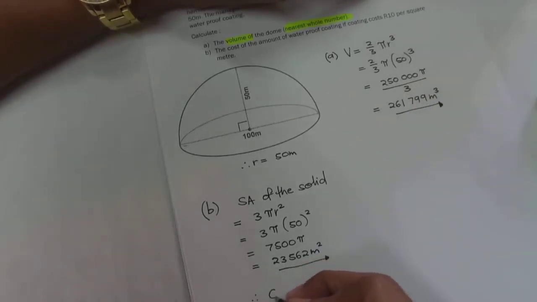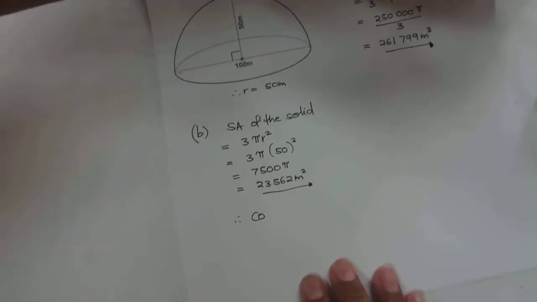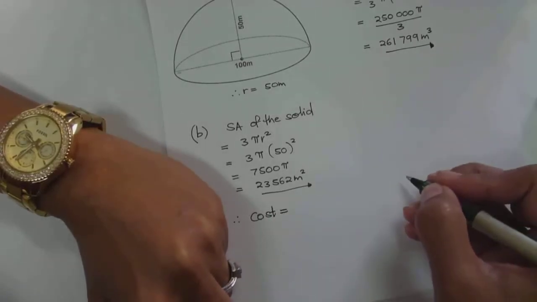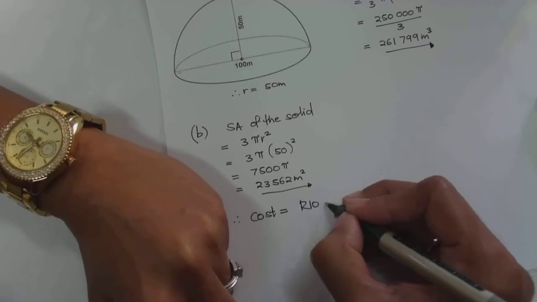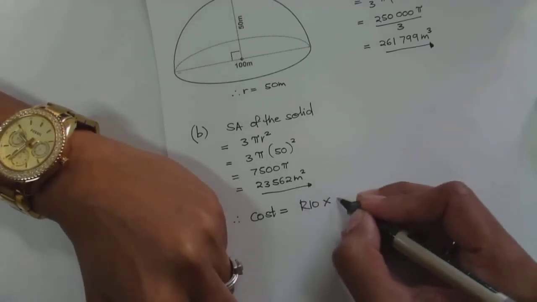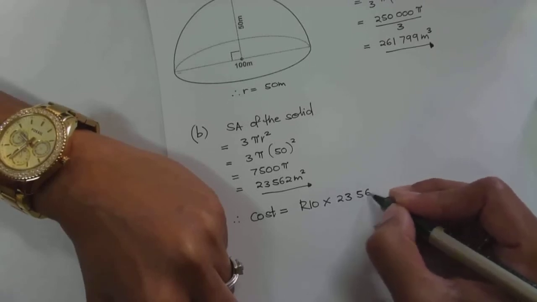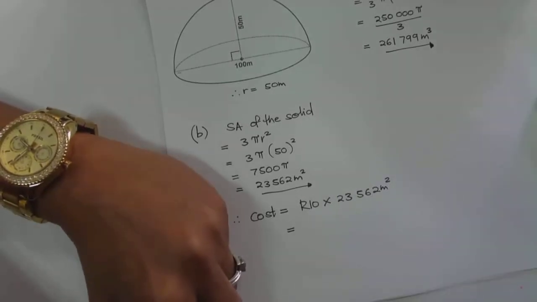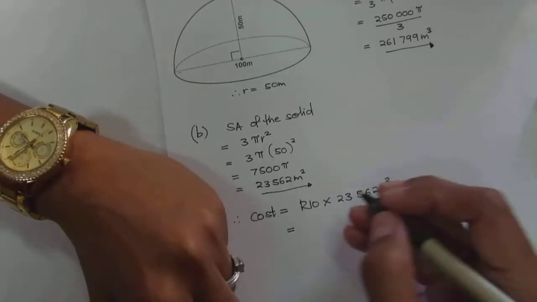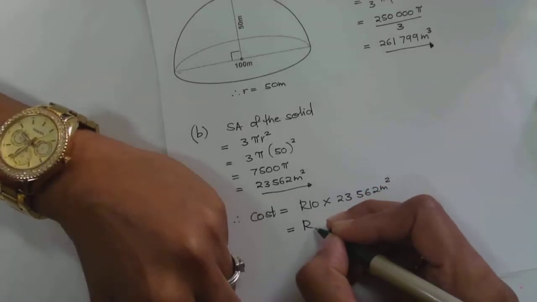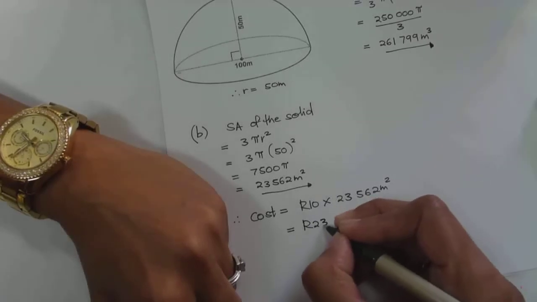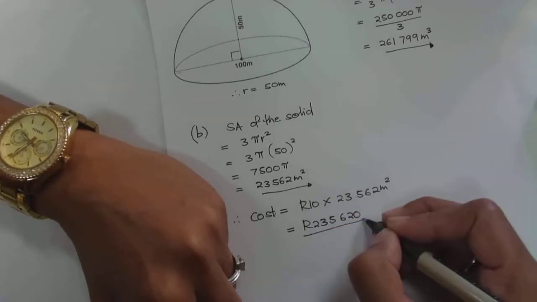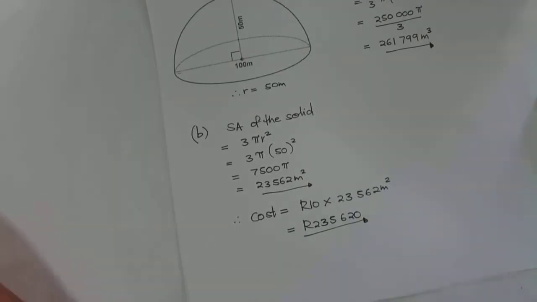Hence the cost is equal to 10 Rand times that 23562 meters squared, and that is equal to, since it's in costs, so you've got to represent it in Rand, 235,620. That is how much it will cost to paint that section of the dome.